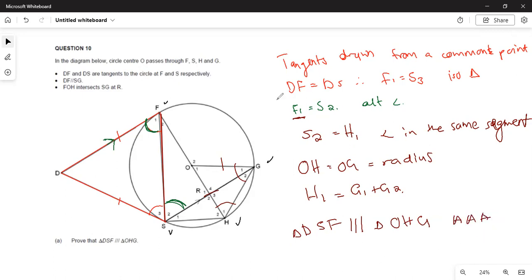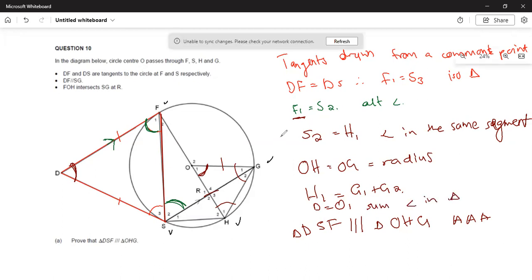You can show the last angle. In this case, that will be your O1 here, and the last one will be D. This is because D is equal to O1, and the reason is the sum of angles in a triangle. But by just proving the two, we know this to be true.